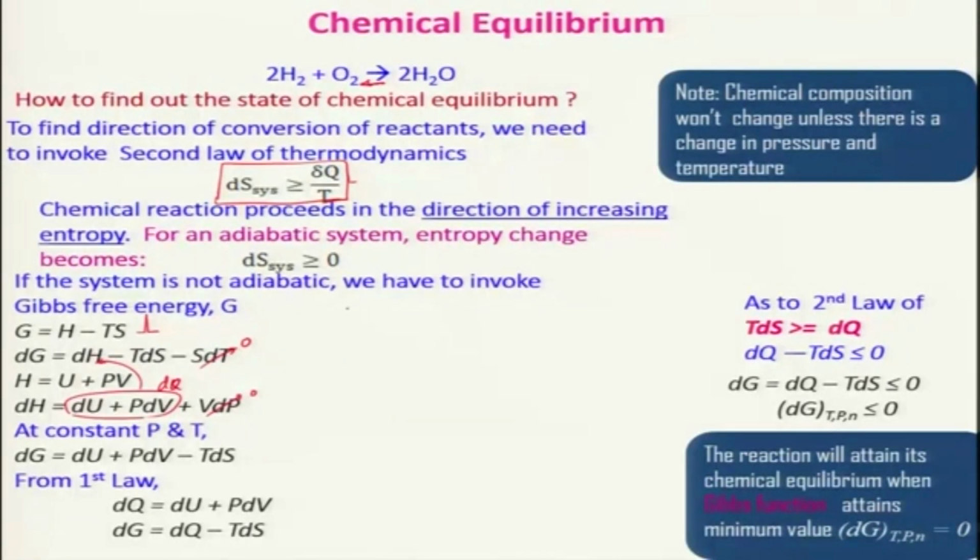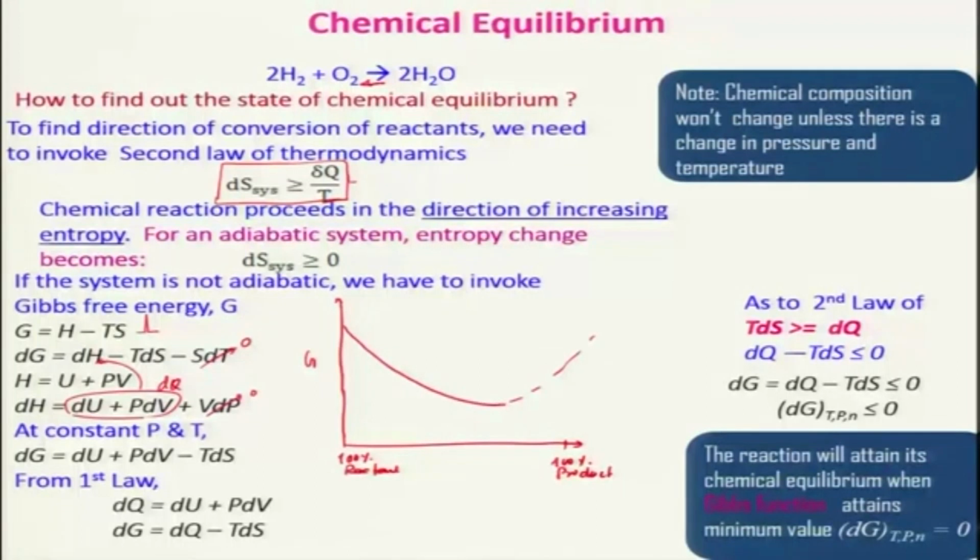So, if I plot G over here, this end will be 100% reactant, and this I can say 100% product, and that will show the extent of conversion. So it is possible that the Gibbs free energy will be changing.